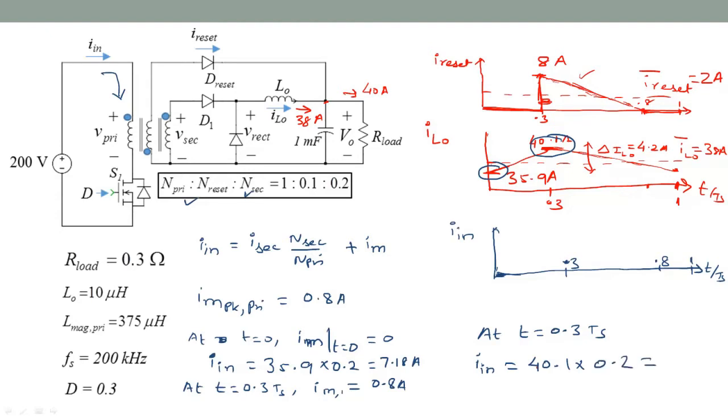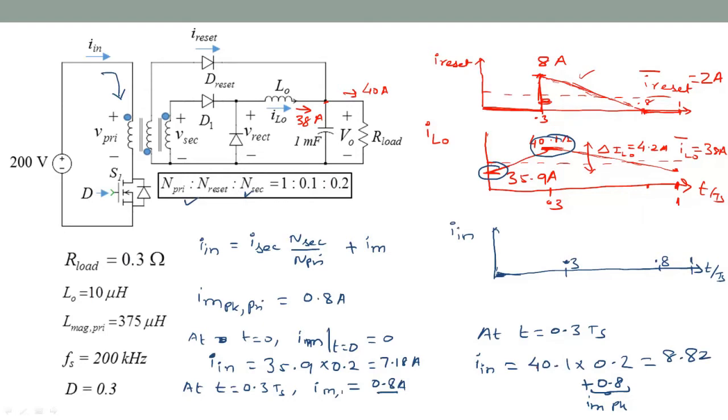So that is 8.02, plus the IM peak of 0.8 amperes. So this whole thing is equal to 8.82.